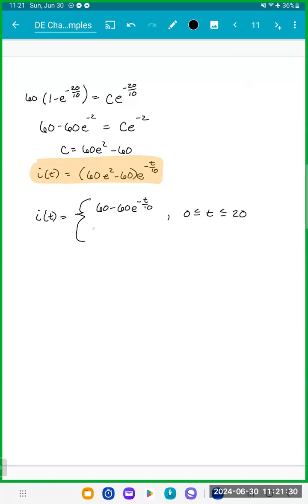And then otherwise, it's going to be 60 e squared minus 60 times e to the negative t over 10 for our interval t greater than 20.